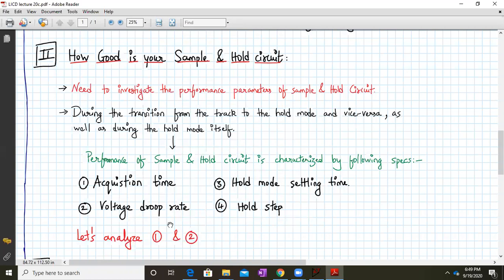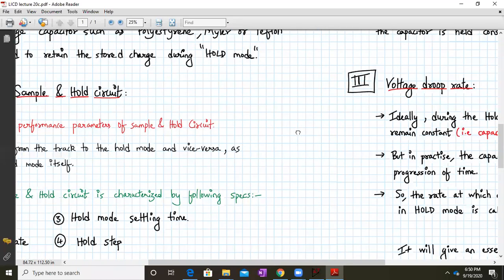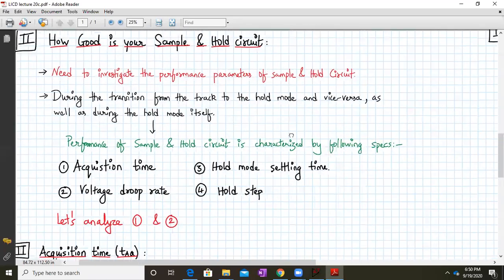Today we will analyze the first two, acquisition time and voltage droop rate, which we will also observe in the simulation. There are some limitations of this circuit while doing the transition from track mode to hold mode and hold mode to track mode. There are some slight problems, which we will observe right now.